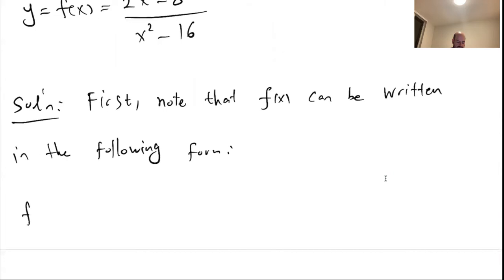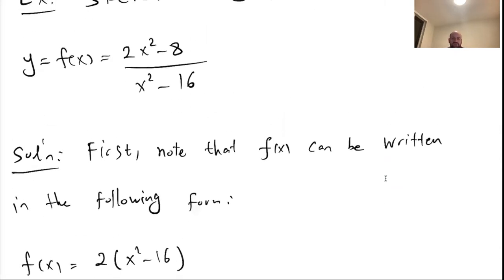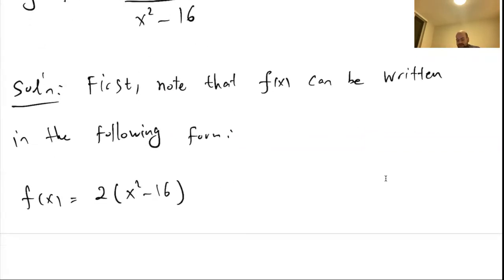Can write f of x, of course, as 2 times x squared minus 16. See, the top is 2x squared minus 8. Basically, I want to do the long division, but I don't want to go into all the process. I can just guess the numbers because they're simple. So 2x squared minus 8 can be written as 2 times x squared minus 16 divided by x squared minus 16.